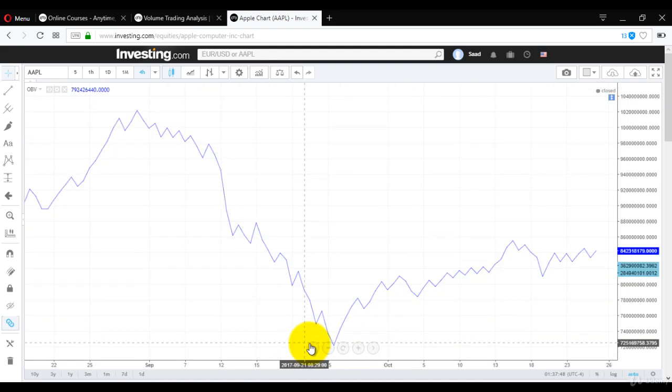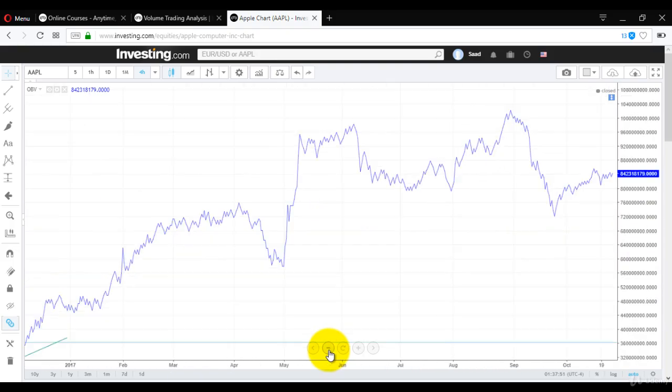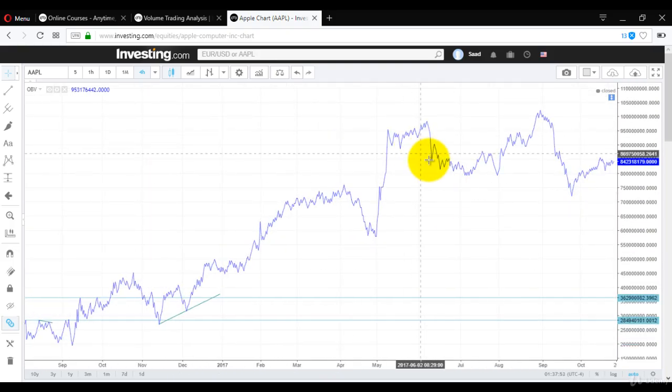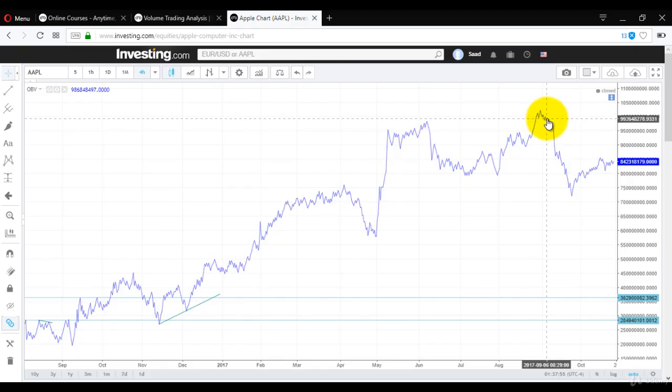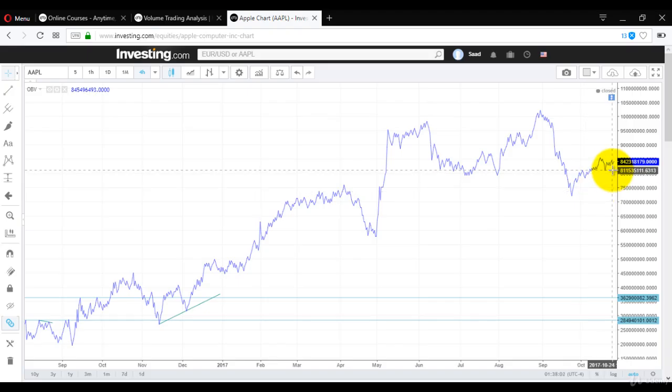And here the price ends today. Now if you look at it, the same two highs that we discussed right here, it's now falling off. And it is not a good sign right now.